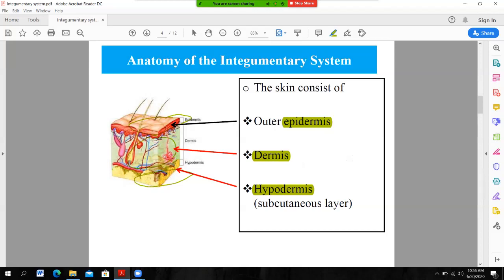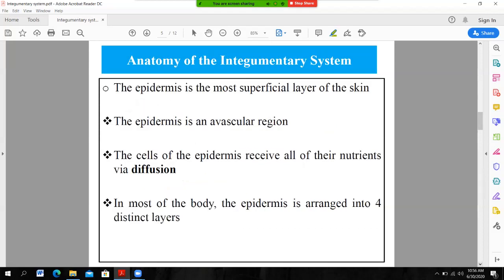You know that epi means upon the dermis, and hypo means below the dermis. So these are three important layers which are found in the skin.